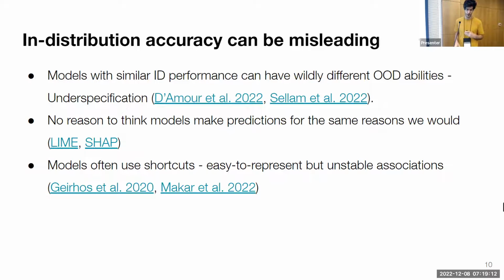In fact, they will often use shortcuts in the data, even stuff that we don't identify, very subtle things encoded in the way that we have gathered our data, and use those shortcuts to make predictions. If we're in the in-domain setting where the shortcut still exists, we would never uncover what our model is actually doing. It will only be when we change a few things in the world that we will uncover the fact that our model is making predictions for the wrong reasons.